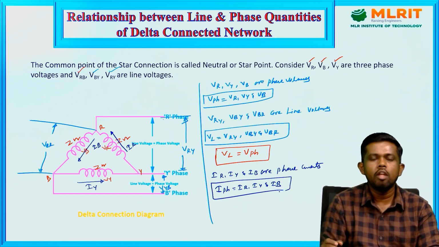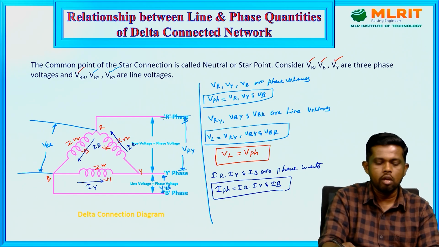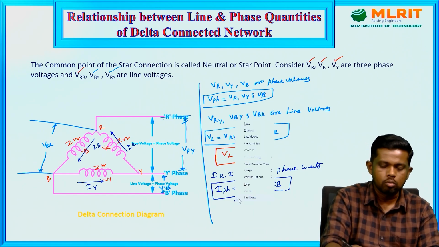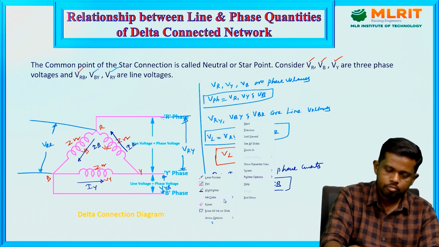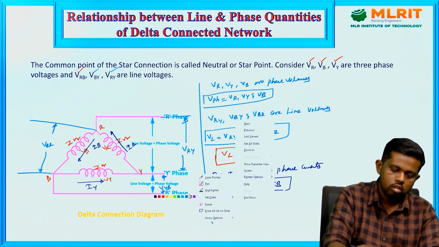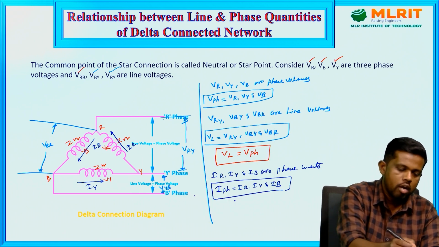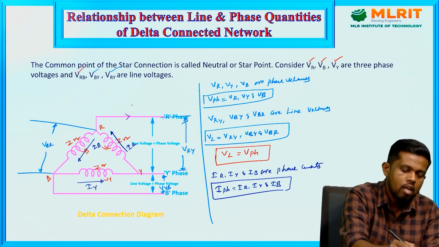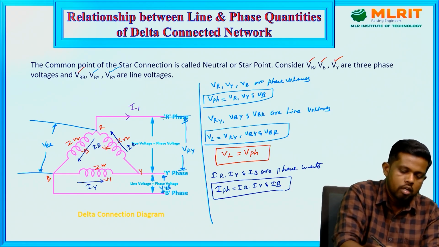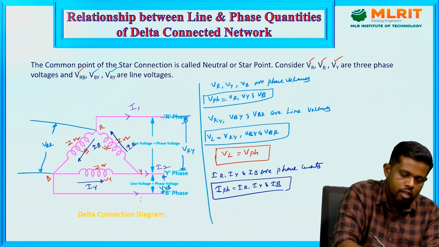Similarly, we need to identify the line currents also. For that I am going to change the color of the pointer. Then these are the current directions. The current in line number 1 is I1, the current in the second line, the Y line, is I2, and this is I3.